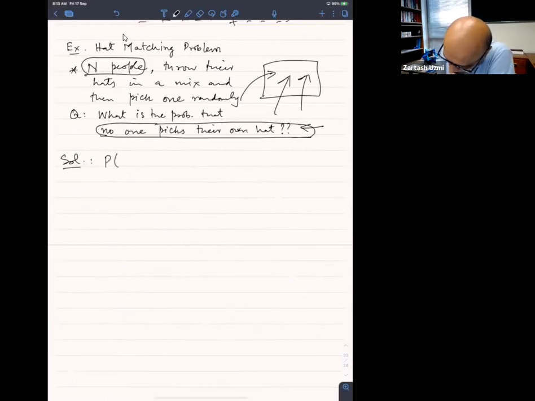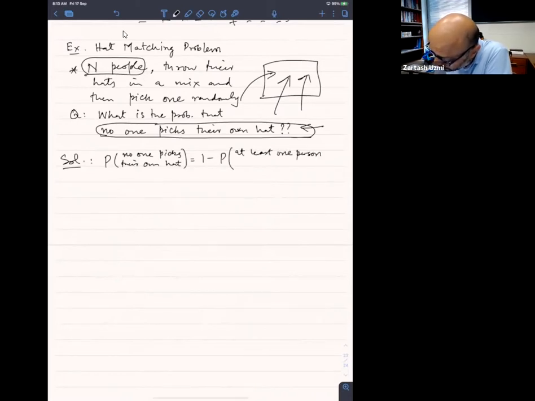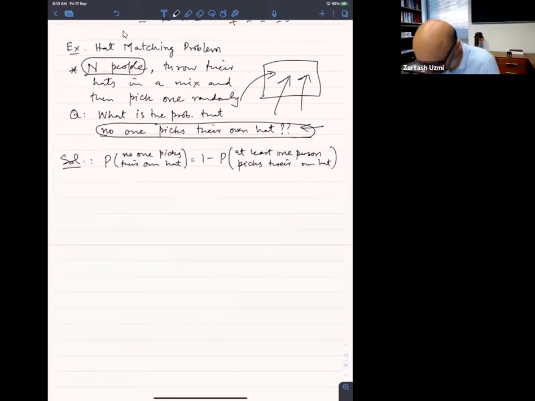So the probability that no one picks their own hat is the complement event to the probability that at least one person picks their own hat.